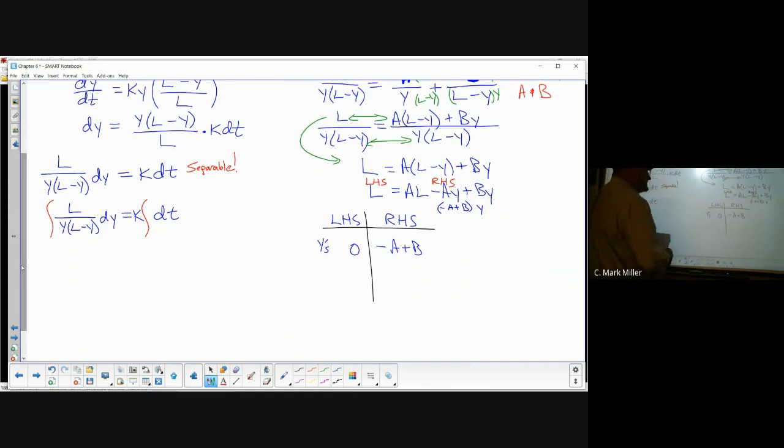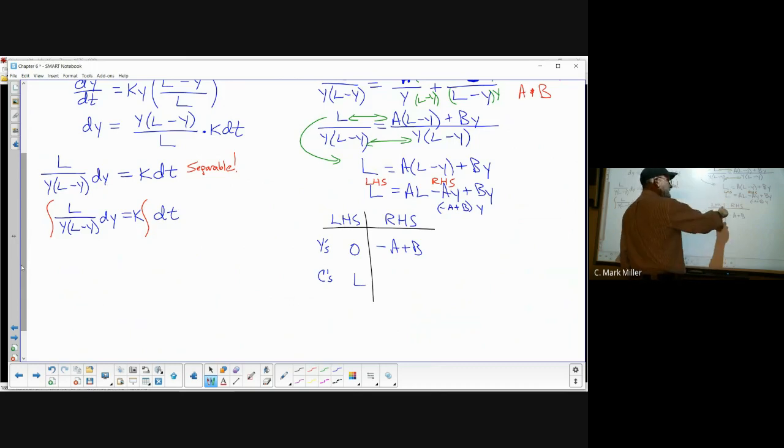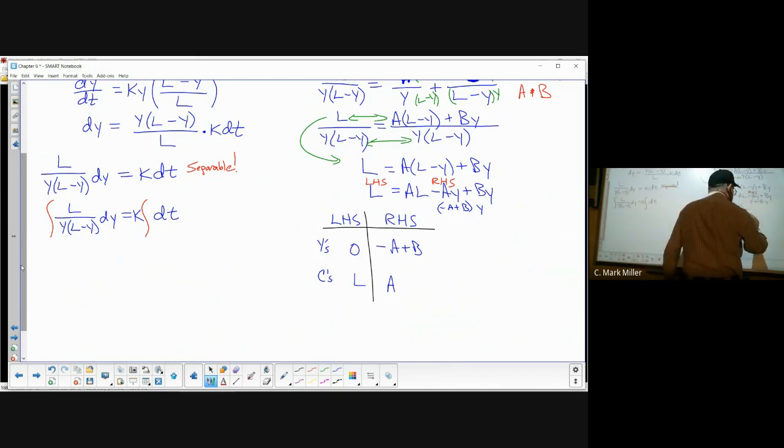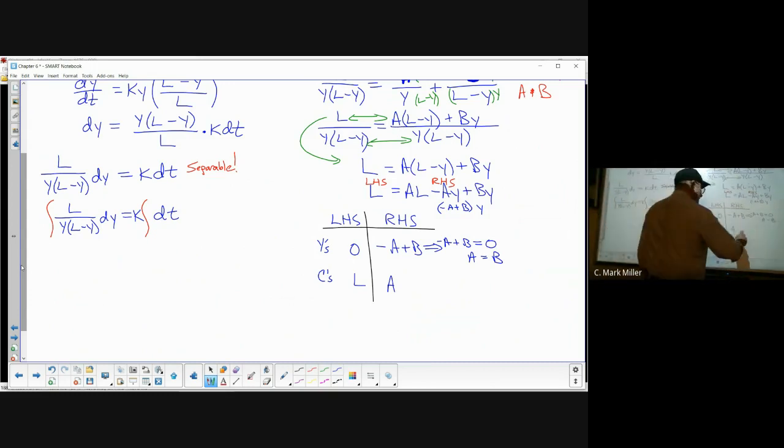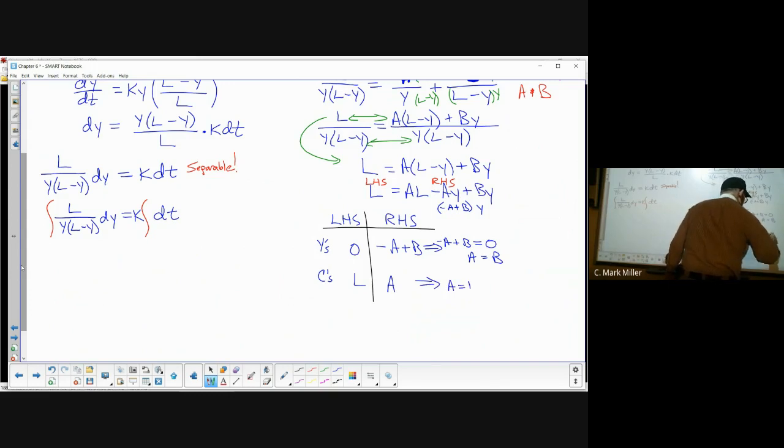Then, how many constants do I have on the left? L. How many constants on the right? A times L, not AL. So this implies that minus A plus B equals 0, or A equals B. Wait a minute, we've got a problem.